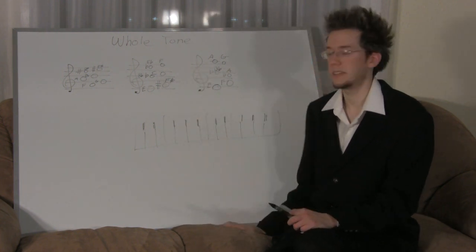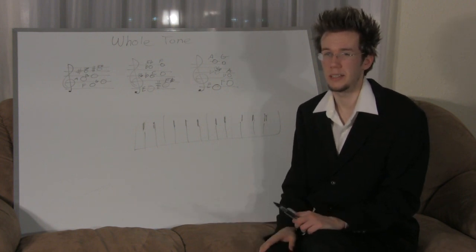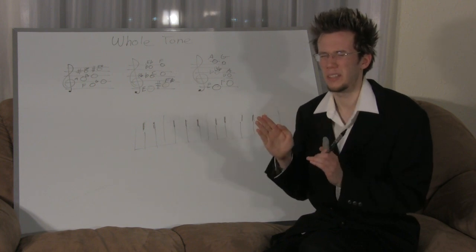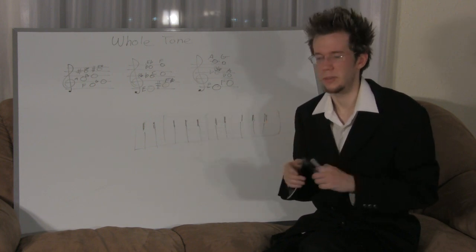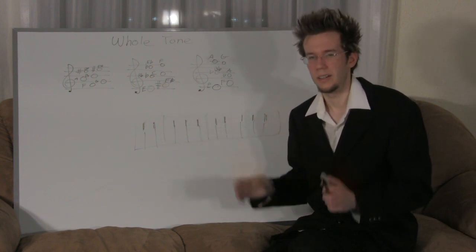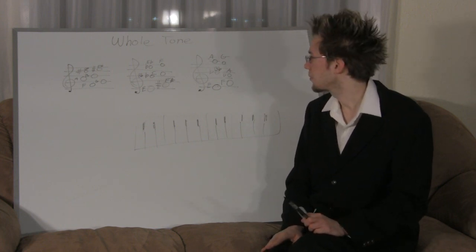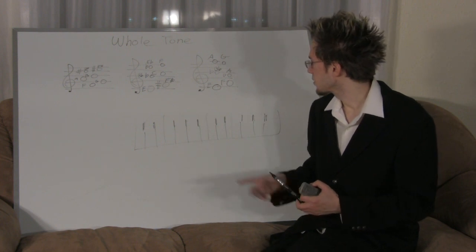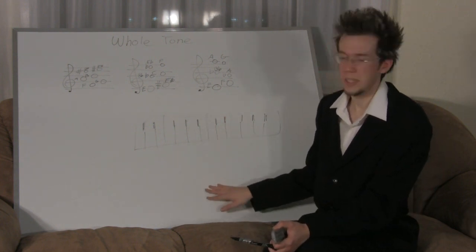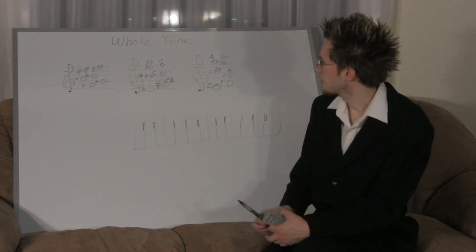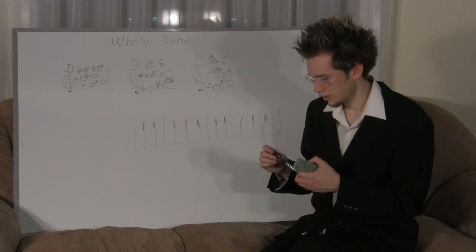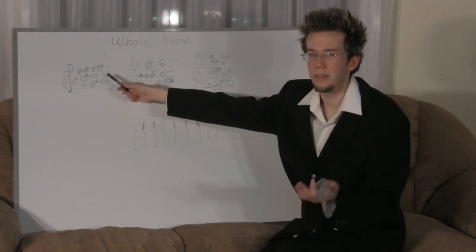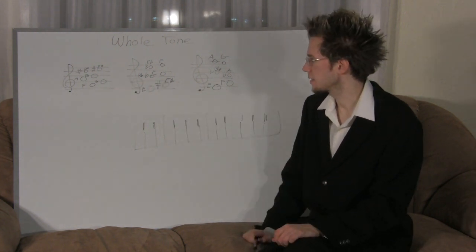That's why I was saying before that it's important to visualize the keyboard, because it helps you understand, and you're like, okay, are there 2 notes in between there? Yes. So that means it's a whole tone. That's basically why it's very helpful, and that's the whole reason I was doing this test. Basically, another way to easily see a whole tone is that a whole tone is whenever one of these weird things isn't involved.